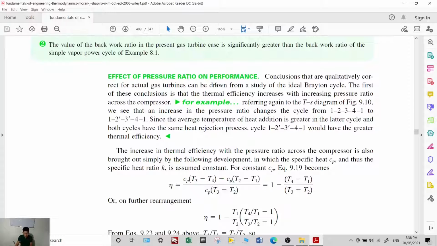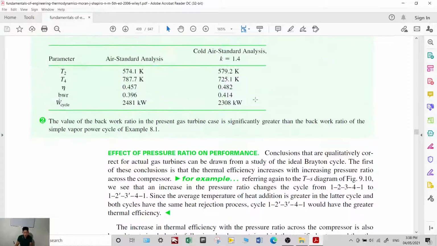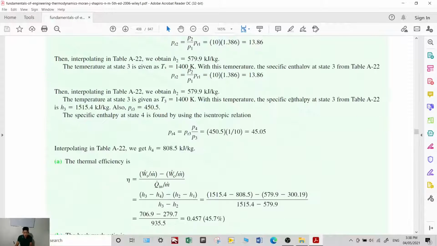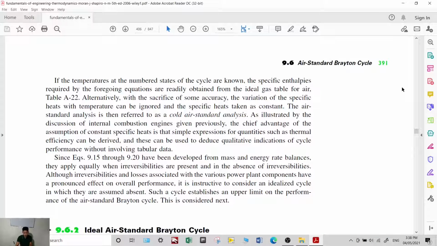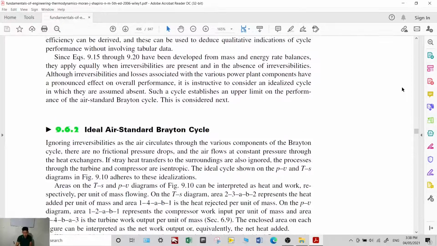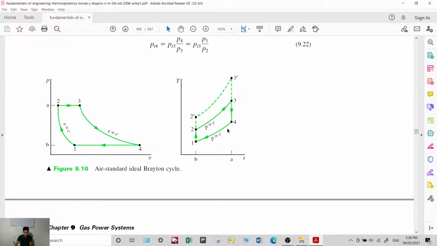Now, the effect of pressure ratio on performance. Okay, so going back to this diagram. So the effect of pressure ratio, kung mo-increase ang imong, by the way, this is the pressure ratio, P2 over P1, no?